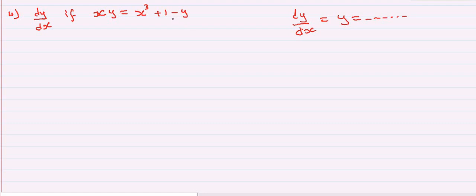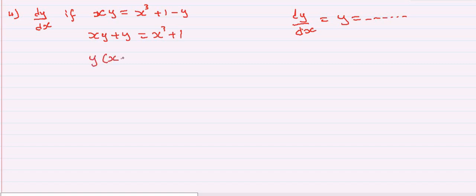So we'll start by transposing negative y to the left hand side. Then this will be xy plus y, which is this y. We'll be left with x cubed plus 1. We take y as a common factor.